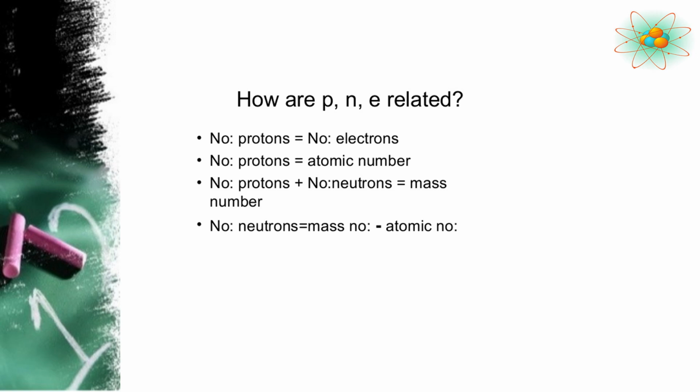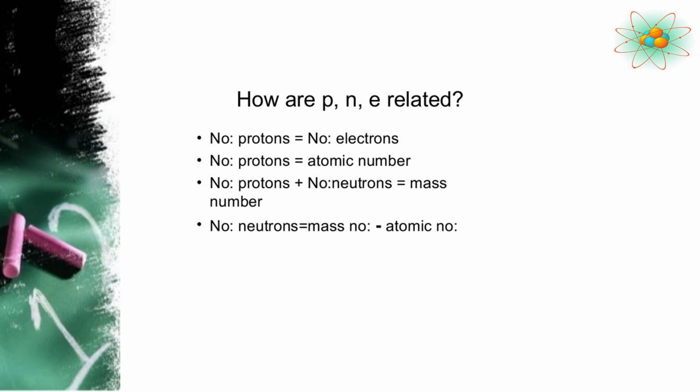Now, how are proton, neutron, and electron related? Okay, class. They are all related because all three make up an atom. Protons and neutrons are in the center of the atom, which is called the nucleus. Electrons are on the outside of the nucleus, spinning around at certain distances.